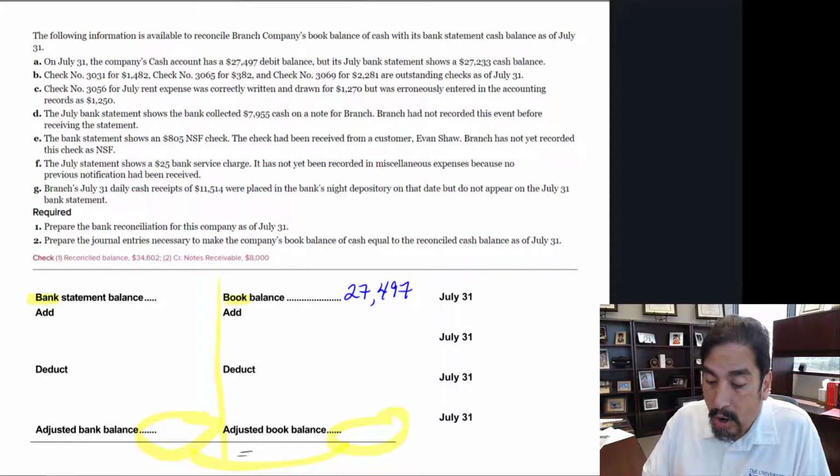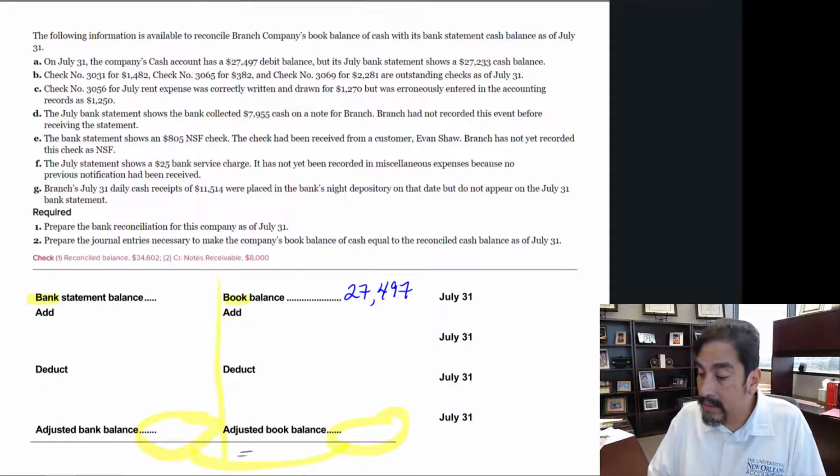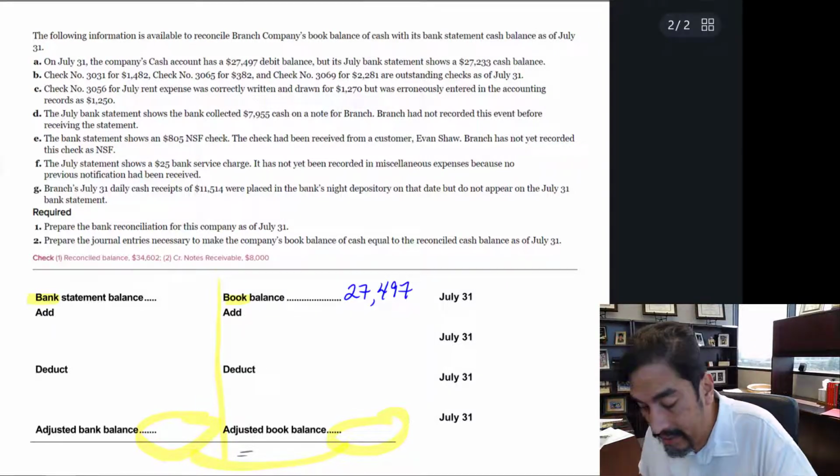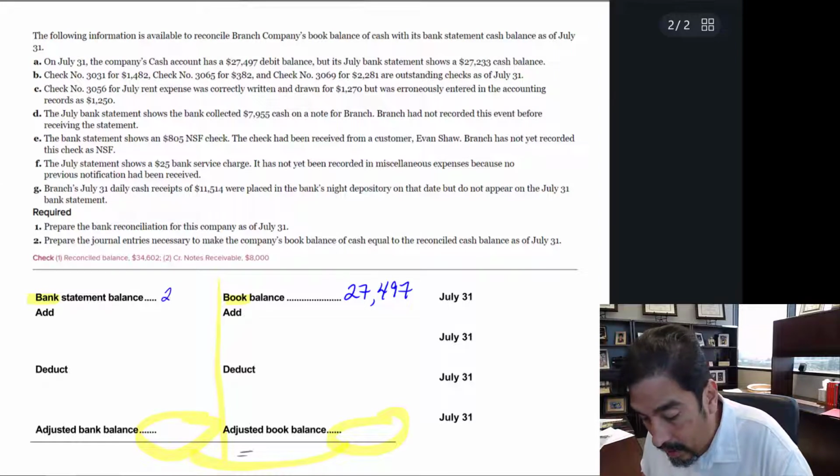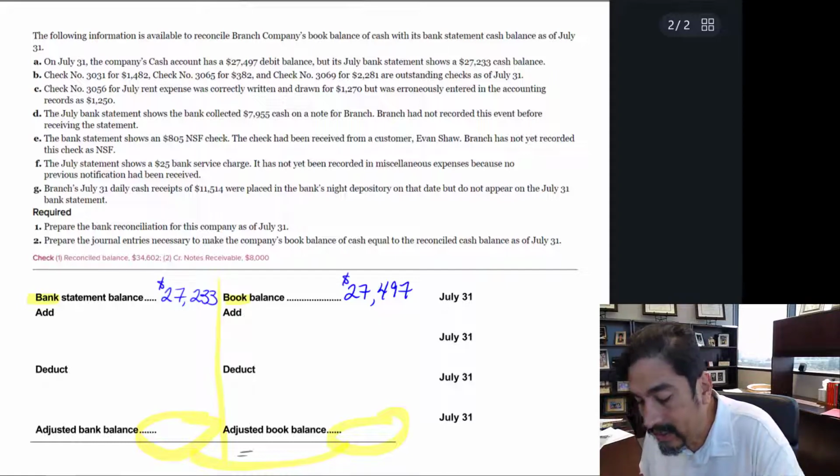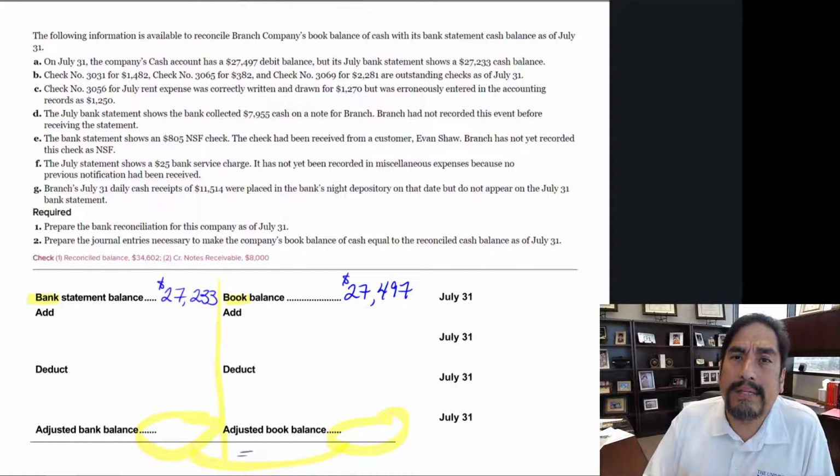Okay, so we start off with what we say our bank balance is. And A also tells us what the bank says our bank balance is. The bank reconciliation doesn't directly reconcile those two numbers to each other.